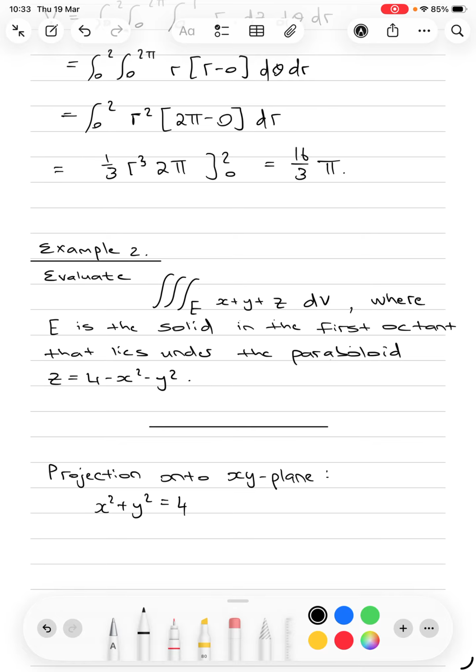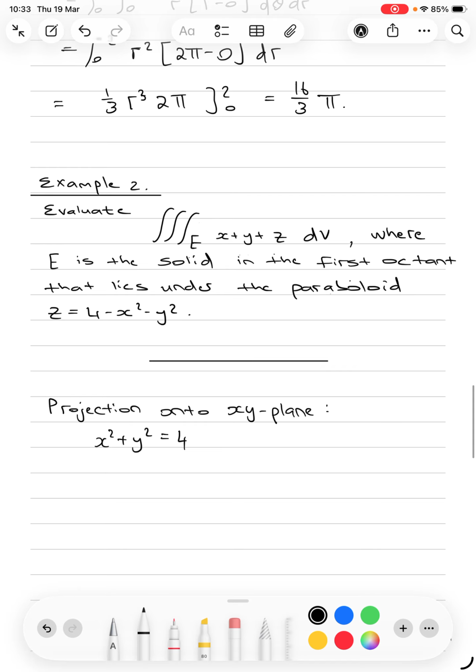All thetas are in play, and r is between, so we're staying inside this paraboloid, so r is between 0 and at most it can go up to 2. The other thing we should remember is we're in the first octant, which means not all thetas are in play, only 0 to pi over 2 thetas.